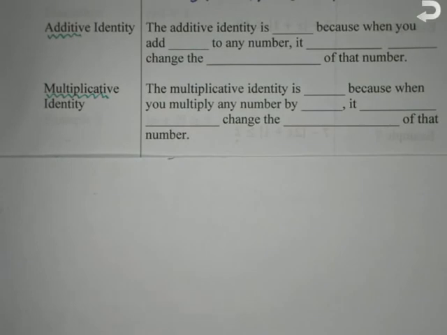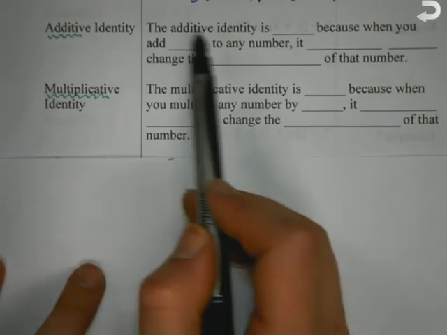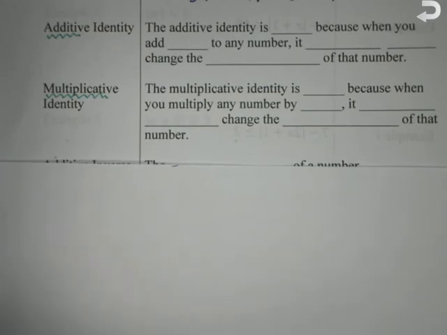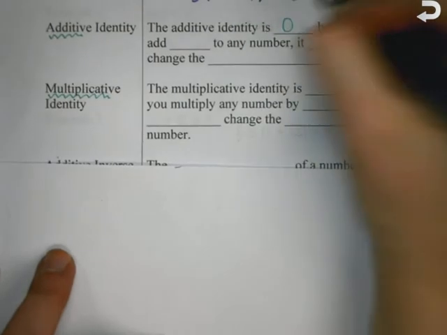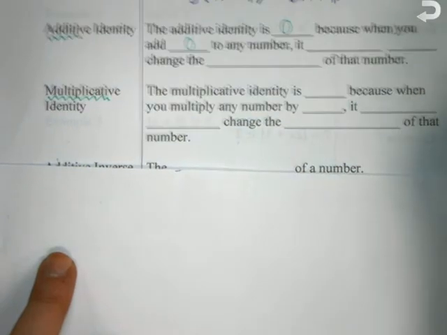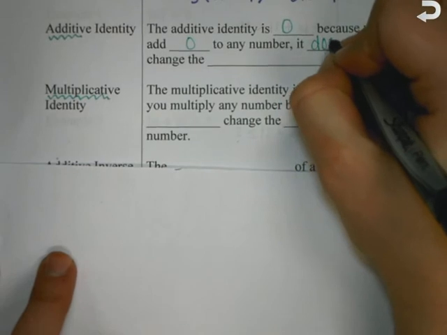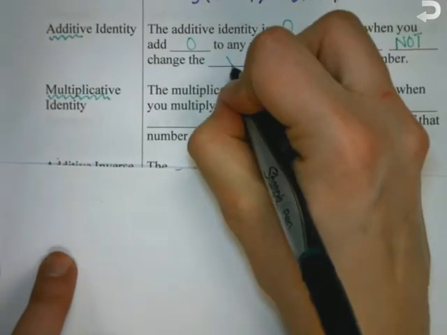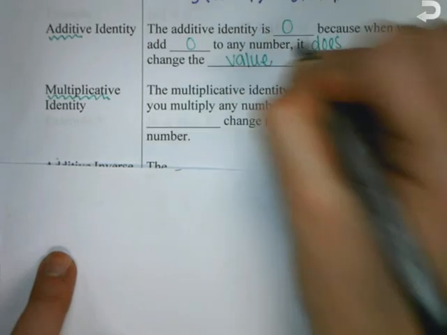So the additive identity is what? Who knows? What number, when you add it, does not change the value? 0. So the additive identity is 0. Because when you add 0 to any number, it does not change the value of that number.